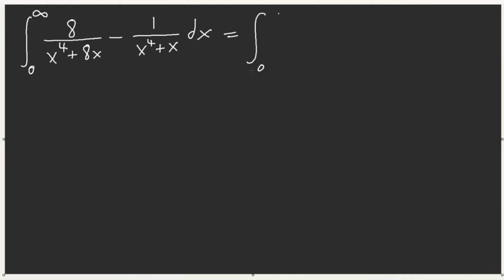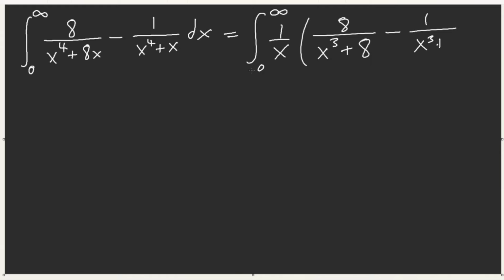So here, 0 to infinity, where I bring out 1 over x, and I get 8 of x cubed plus 8 minus 1 over x cubed plus 1. Now, again, it's not the 8, it's the coefficient that we need here. So in this case, we're going to have to divide by 8.